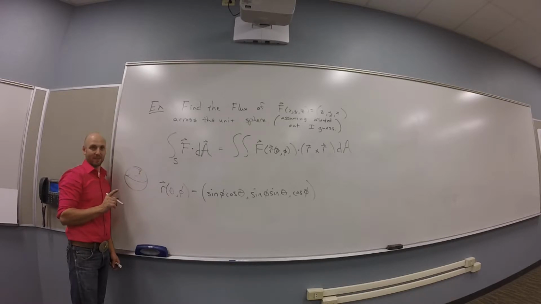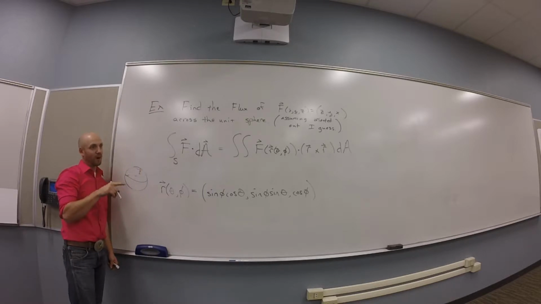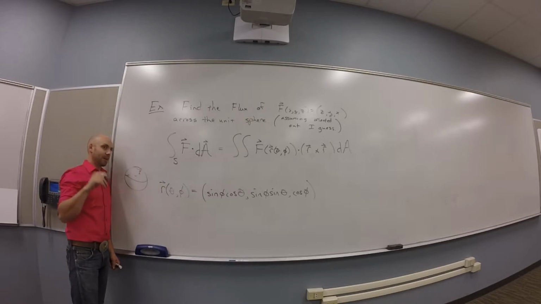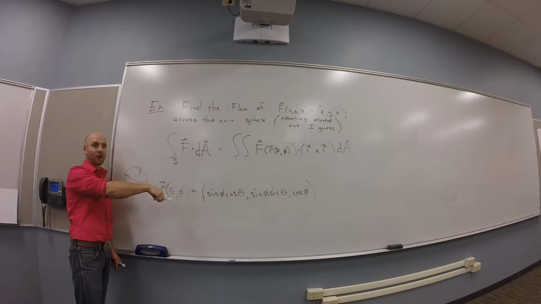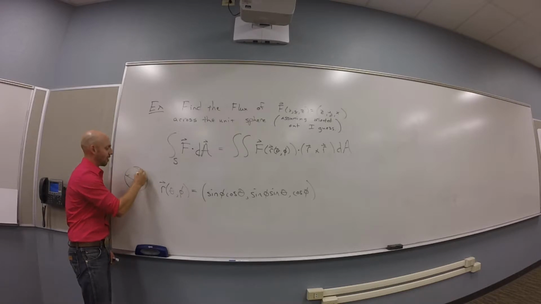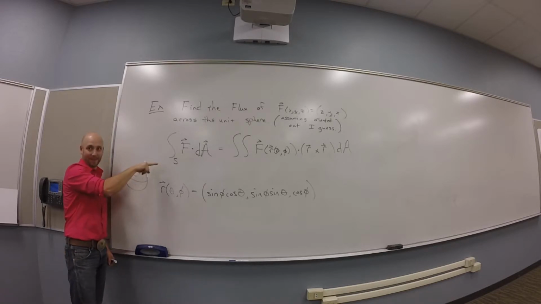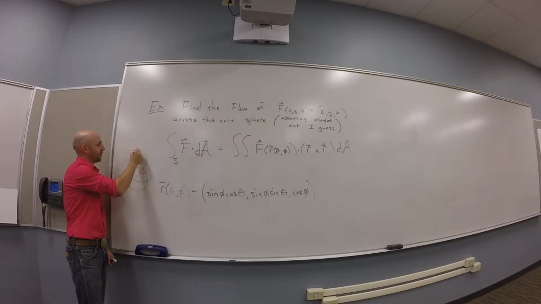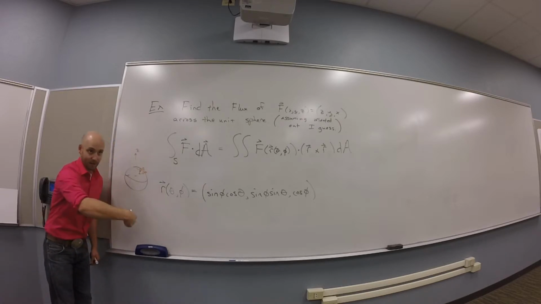What I mean is if you start with theta at 0 and you go to theta at 0.001, which direction are you going around the sphere? It depends on how you pick the parameterization, but I picked the usual spherical parameterization. So r theta is going to take me that way. Looking at this from down the positive z-axis, it's going to take me counterclockwise.